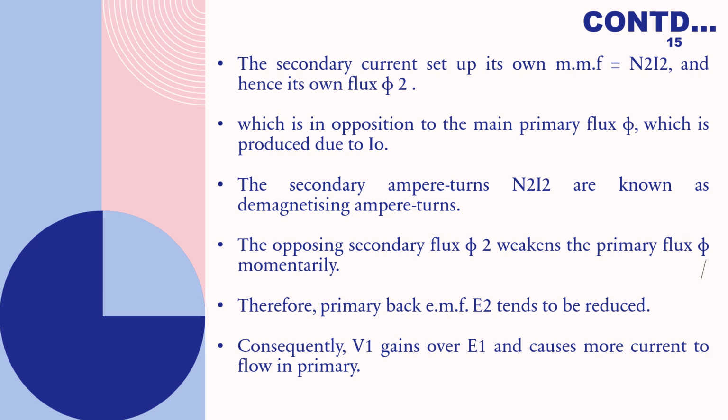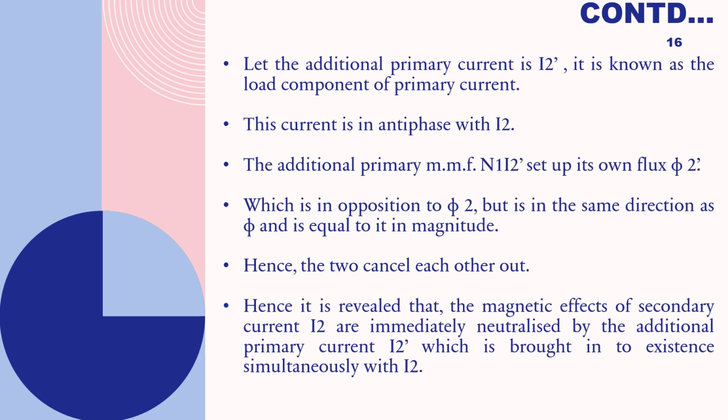Consequently, V1 gains over E1 and causes more current to flow into the primary. Let this additional primary current be I2 dash, known as the load component of the primary current. This current is in antiphase with I2.